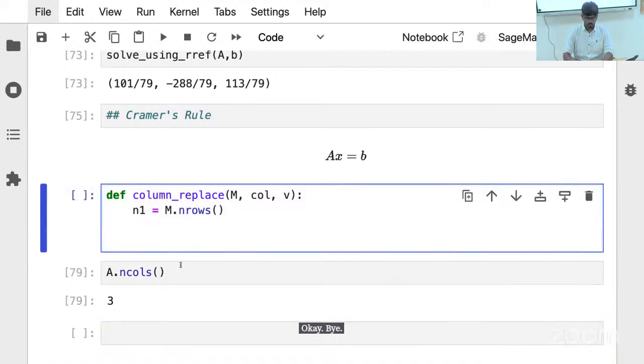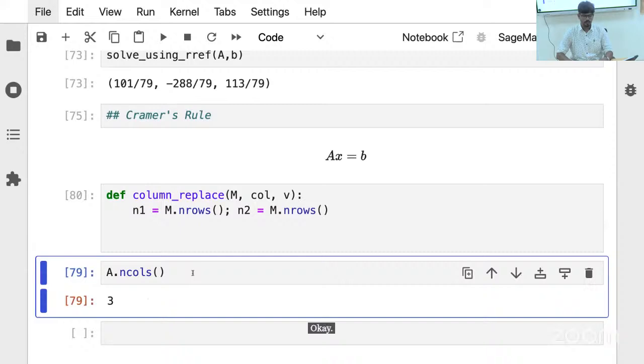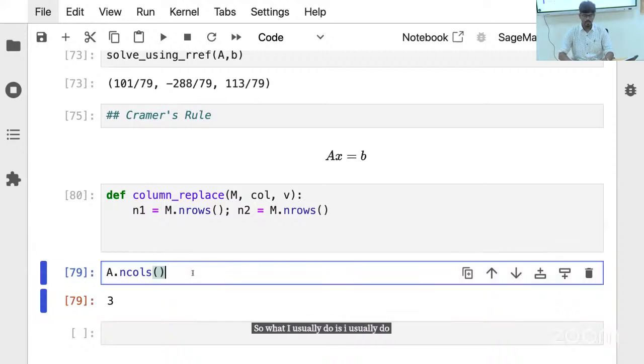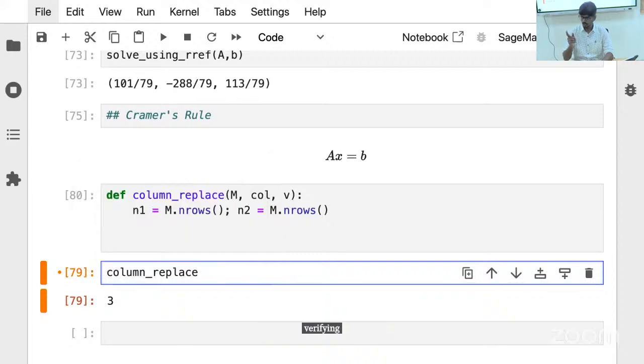Now, what you can do is define M.nrows as my N1, and then you can also define N2 as M.ncols. What I usually do is come over here and keep verifying whether this is okay or not all the time. So here is the A that I had in my hand.